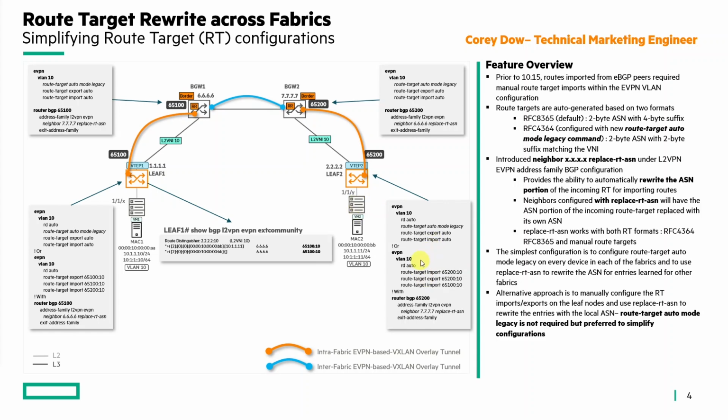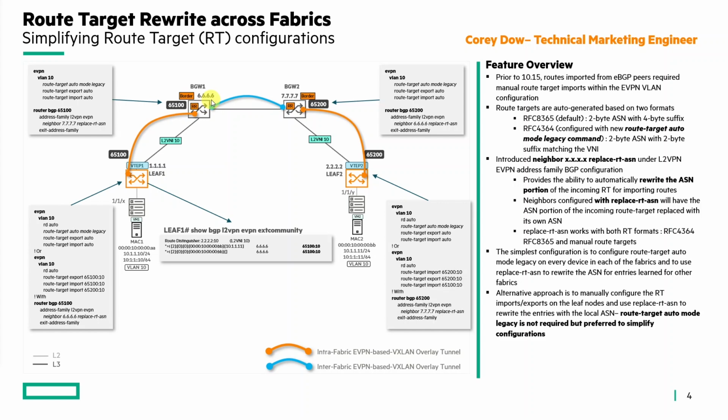As an example of what it would look like, we have this MAC here, the 00BB with 10.1.1.11, communicating across the fabrics to this destination over here, 10.1.1.10. When we have the replace RTASN feature configured, we see here the router ID 6.6.6.6 is actually the border itself.